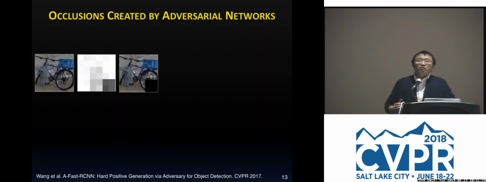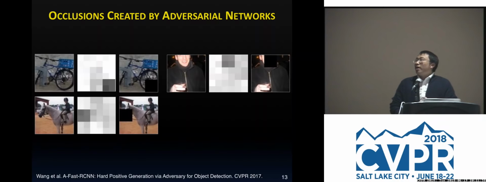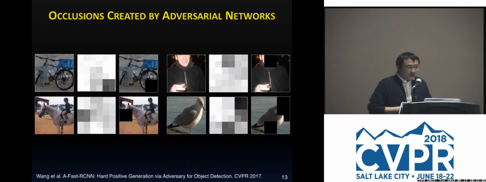In this mask, the darker the region is, the higher the probability that you will drop out the features at that location. For example, here our adversarial network suggests dropping out the wheels of the bicycle to make the recognition much harder. And here are more examples. The adversarial network learns to drop out the faces of the humans to make the detection hard, and also the faces of horses and other parts of the birds.